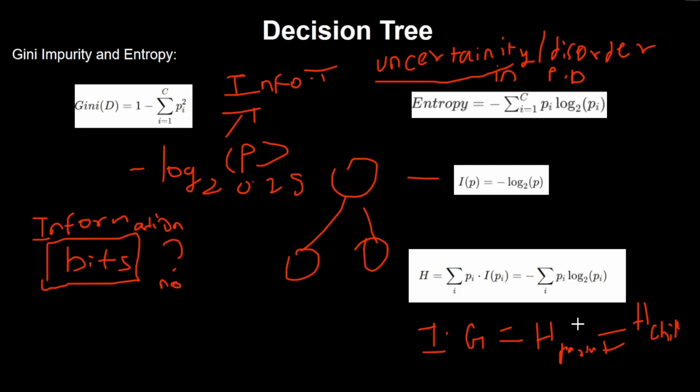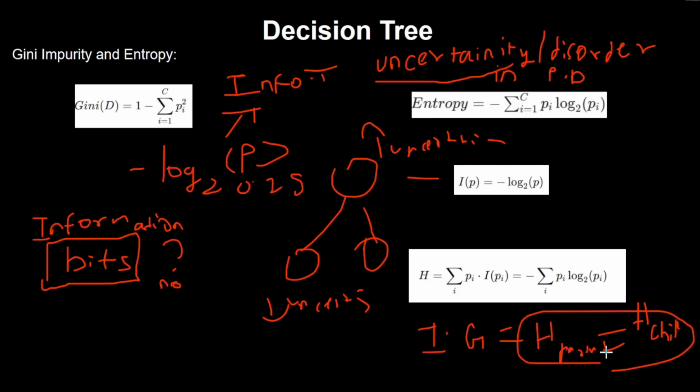The parent would have more uncertainty, that is, we need more information to separate them, so they have less homogeneity. In the child, let's suppose we have less uncertainty. If we subtract the two, we get a measure of the uncertainty removed.